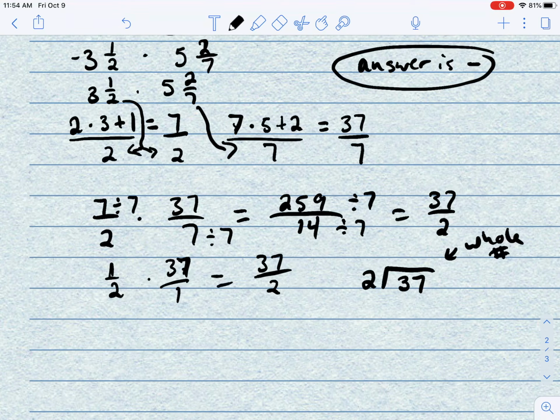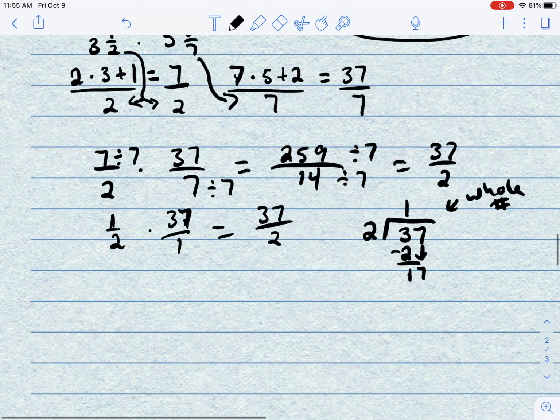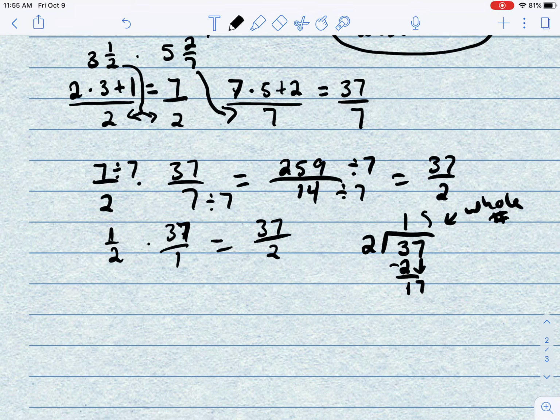So 2 can go into 3 once. One times 2 is 2, 3 minus 2 is 1. Bring down our 7. 2 can go into 17 8 times, which would be 16, leaving us with a remainder of 1.